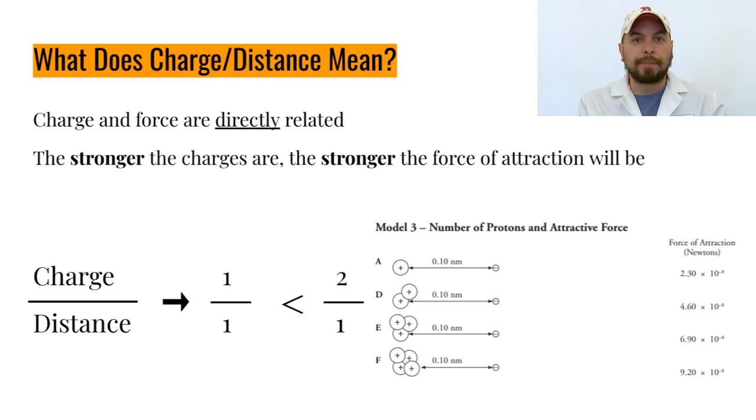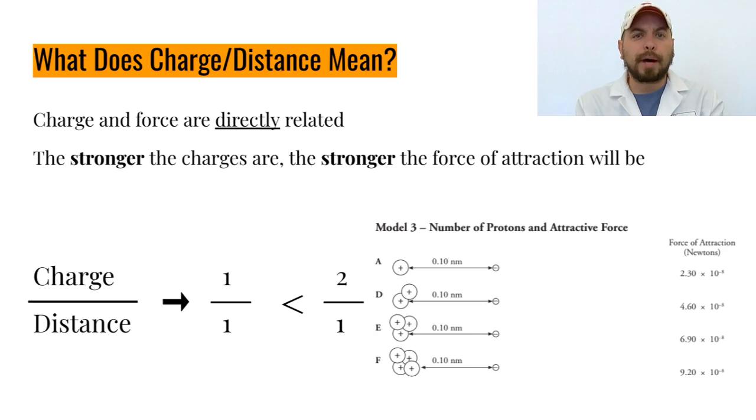So what would that tell me? It tells me that helium has a greater force of attraction on its valence electron by its nucleus than hydrogen does. That's what Coulomb's law is telling me here. It's telling me that the force of attraction on valence electrons in helium is greater than that of hydrogen. It doesn't tell me it's double. It just tells me it's greater.